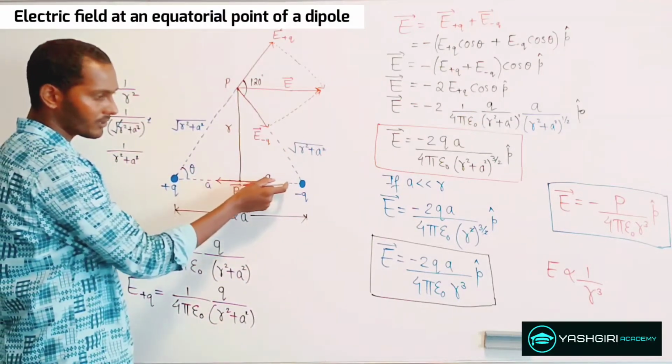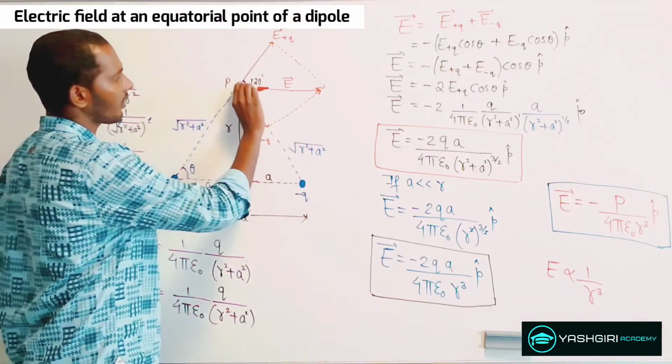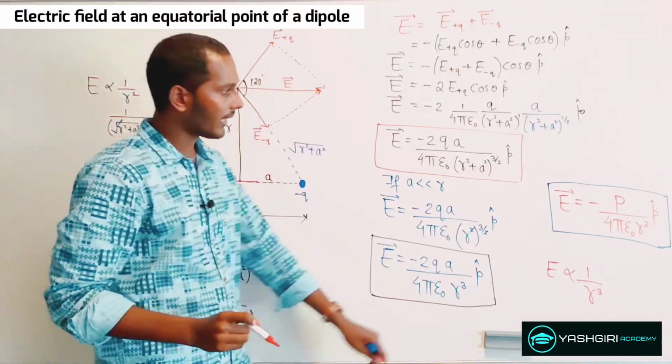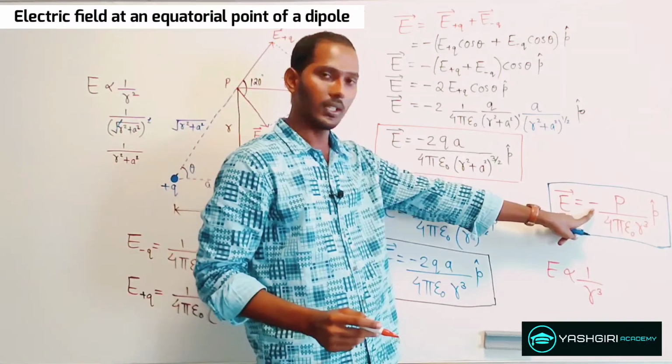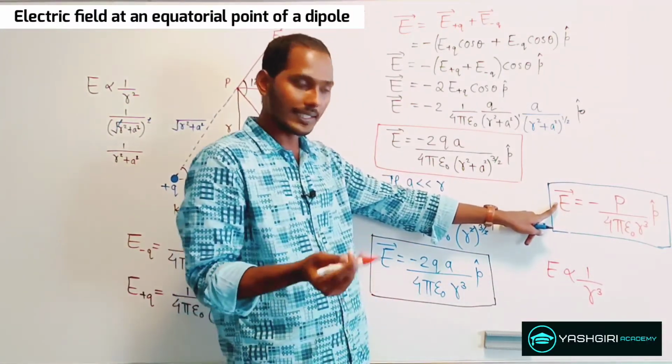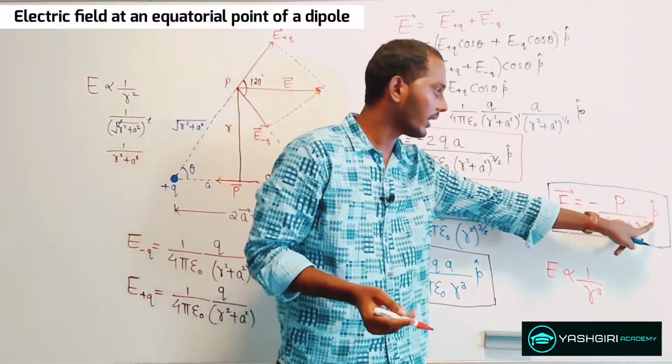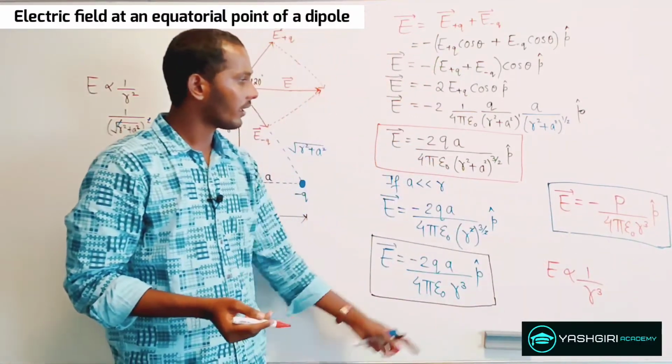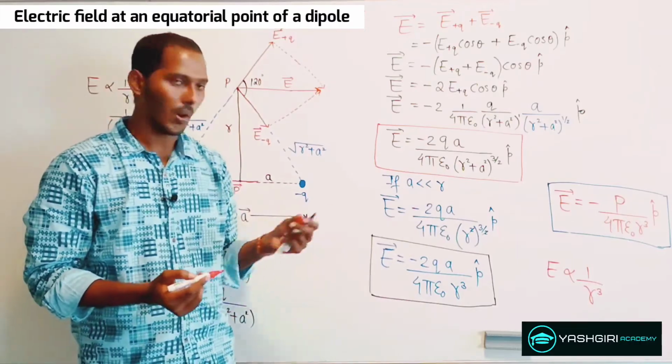The dipole moment is from negative to positive, towards the right. So the negative sign that you see over here tells you that the direction of this electric field is exactly opposite to the dipole moment. So that's the point you need to know.